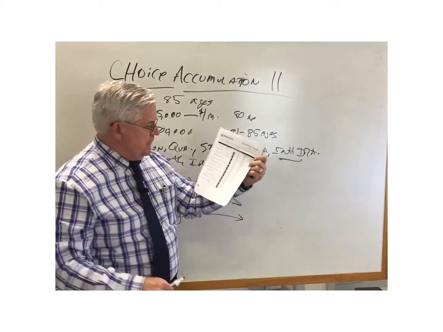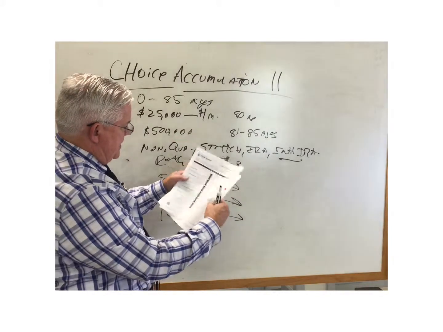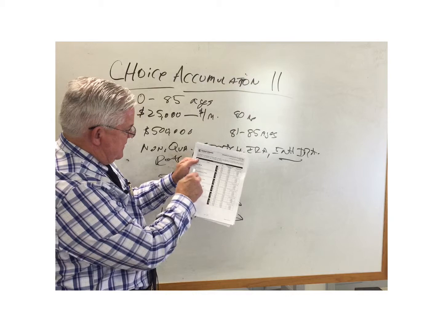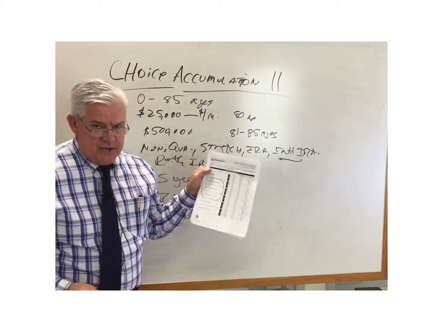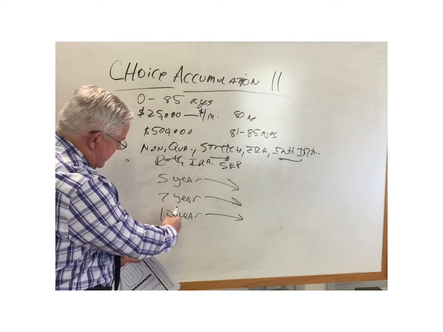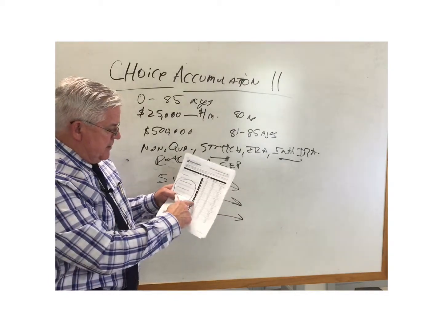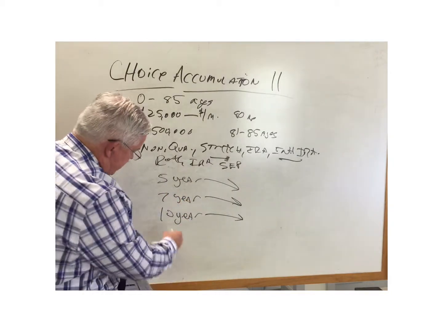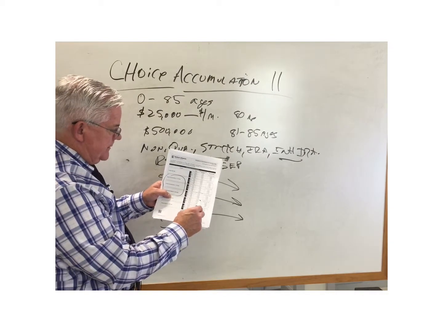And if you look, they have the different commissions for the choice accumulation 5-year, 7-year, and 10-year. So the commission schedule is different depending on how long the company is going to keep the money. Your maximum commission rate under age 80 for a 10-year plan is 6%.